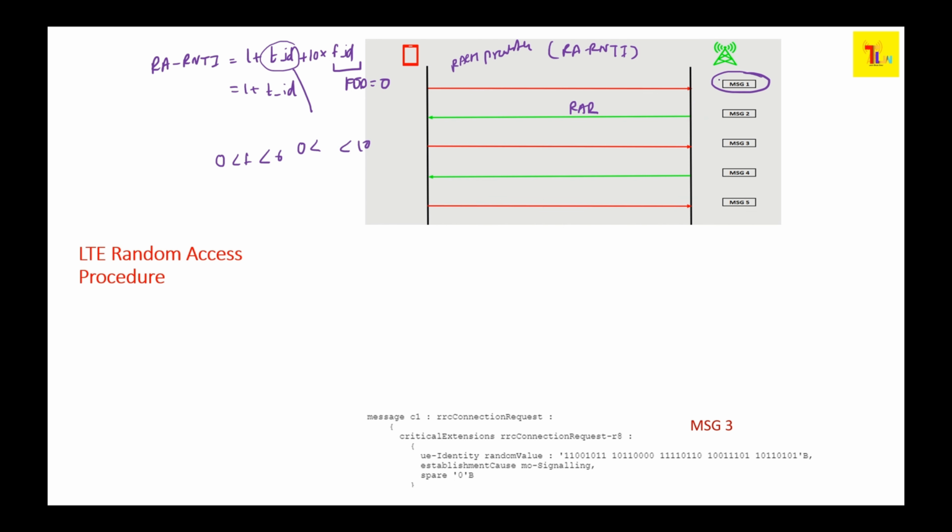The eNodeB sends a RACH response with the RA-RNTI, which it has already calculated from the preamble, and along with this message 2 a lot of information is sent, like frequency allocation, RB assignment, MCS configuration, and it informs the UE about the RRC connection request for message 3.